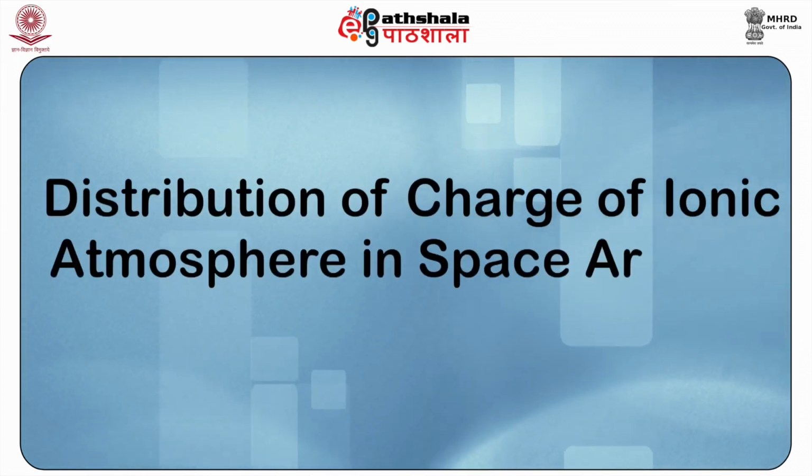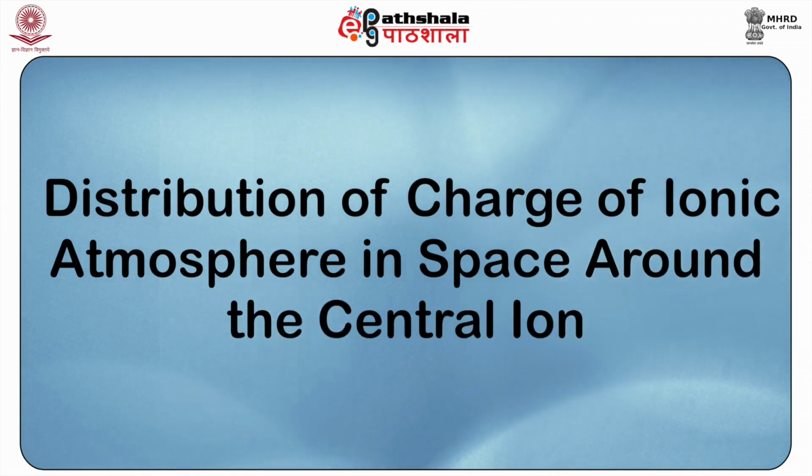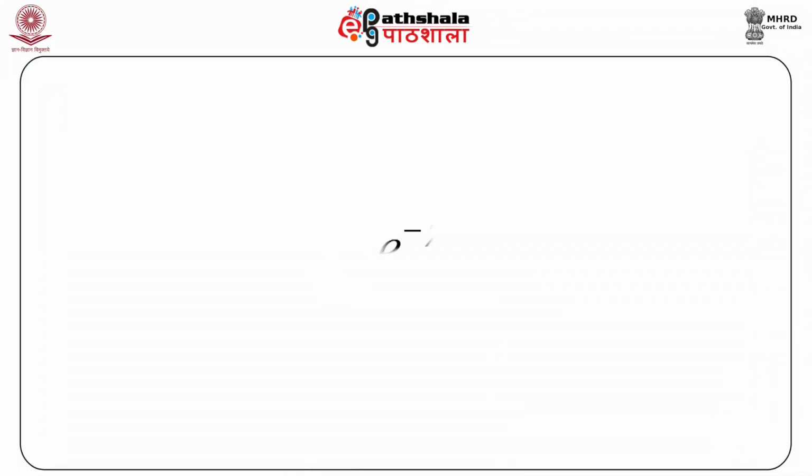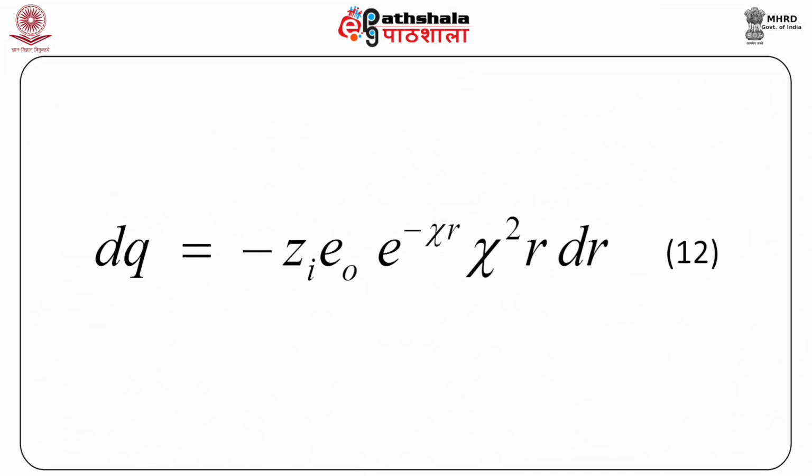Now, we shall see the distribution of charge of the ion atmosphere in space around the central ion. The net charge in a spherical shell of thickness dr at a distance r from the origin, from equations 5 and 6, is given by equation 12.